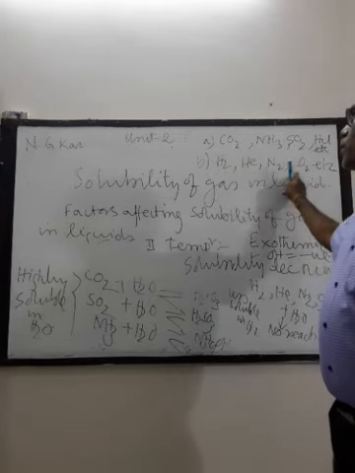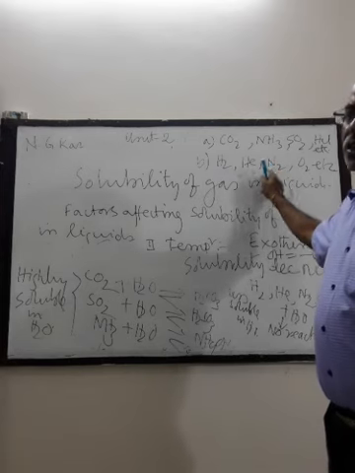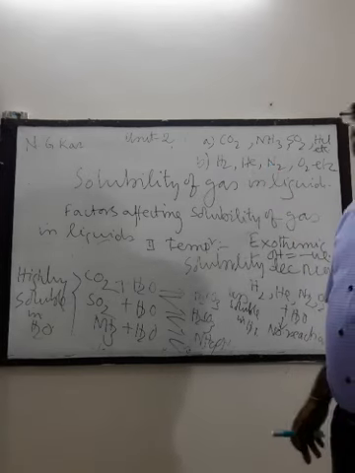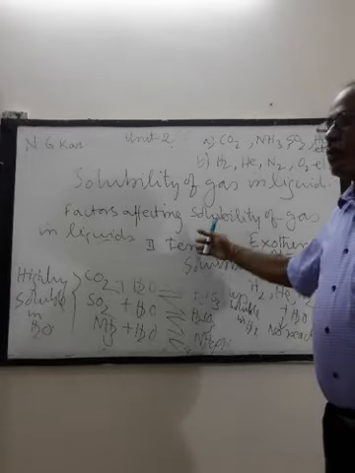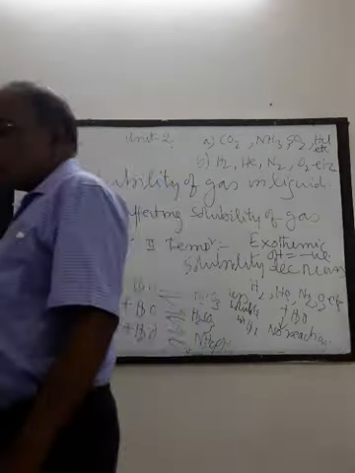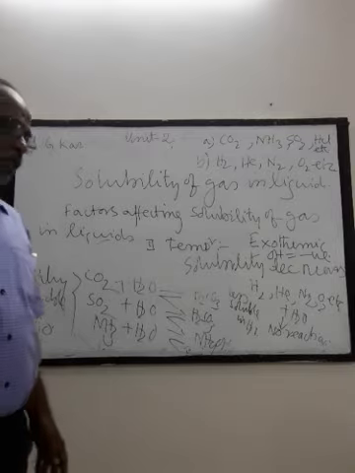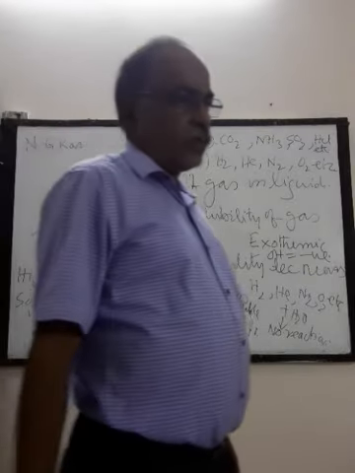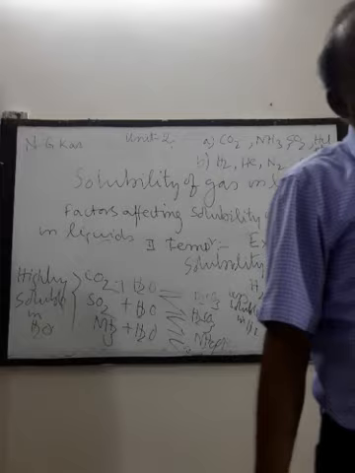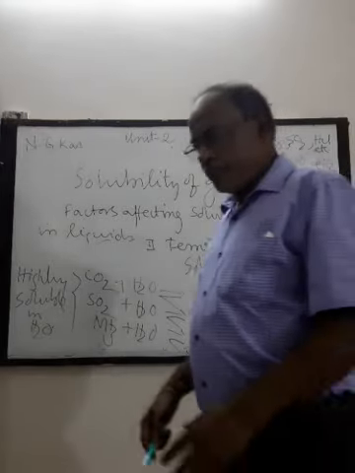Those gases where there is no chemical reaction with water or solvent are less soluble in the solvent. And the second factor is temperature. Generally the dissolution process is exothermic, so as temperature increases, solubility decreases. In the next class I will discuss the effect of pressure, because the effect of pressure is very, very important. Okay, thank you.